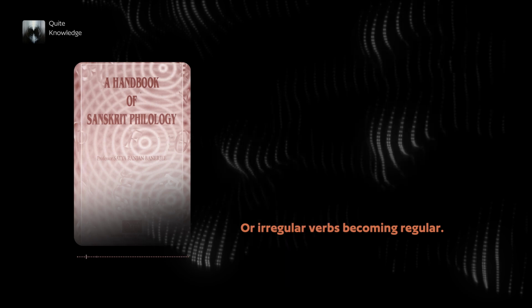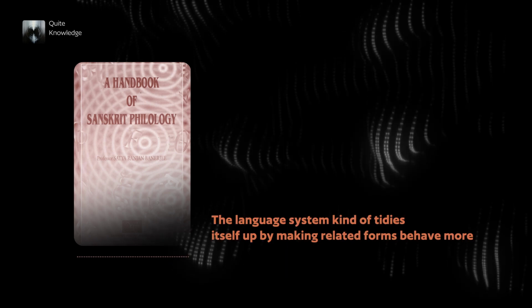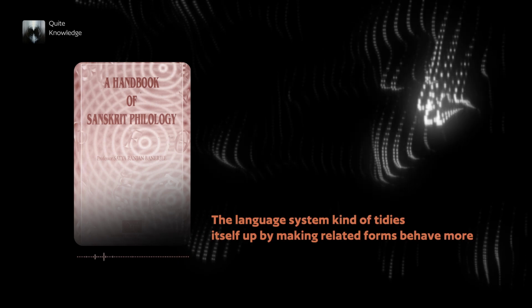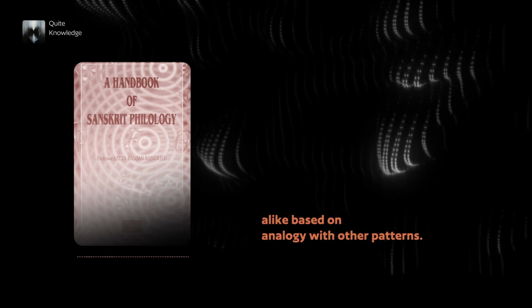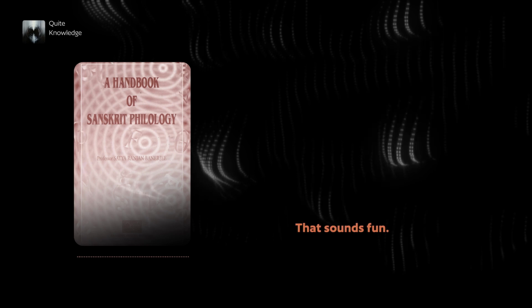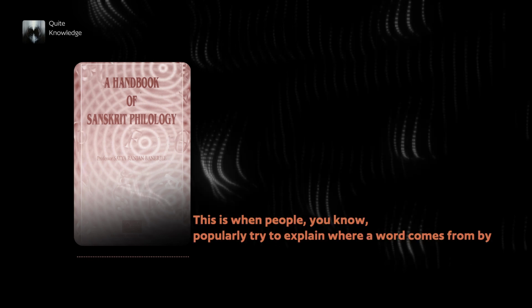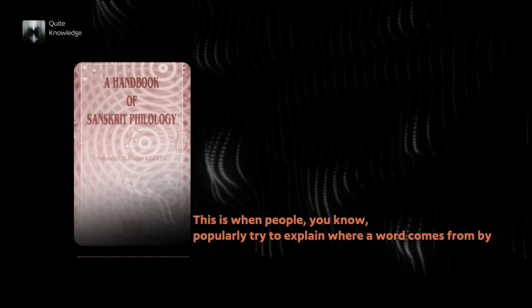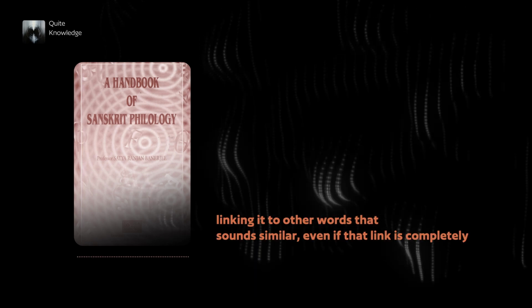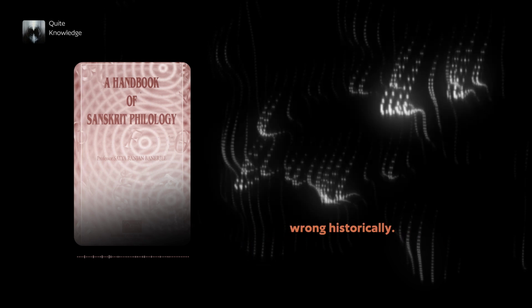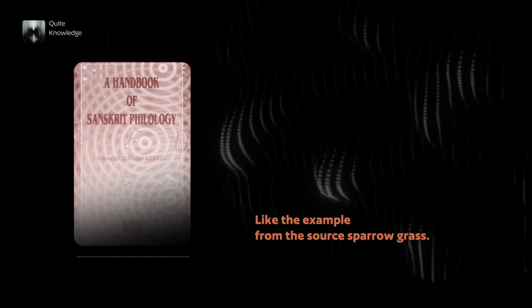Or irregular verbs becoming regular. The language system kind of tidies itself up by making related forms behave more alike, based on analogy with other patterns. And folk etymology. That sounds fun. It is. This is when people popularly try to explain where a word comes from by linking it to other words that sound similar, even if that link is completely wrong historically. Like the example from the source, sparrowgrass.